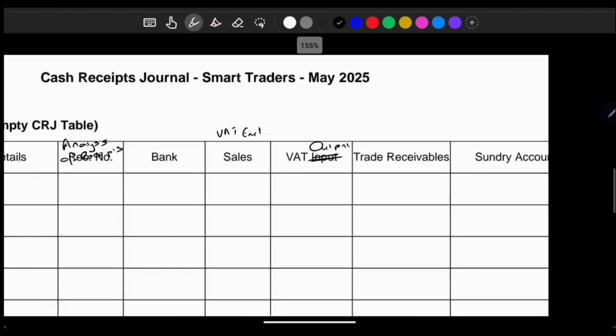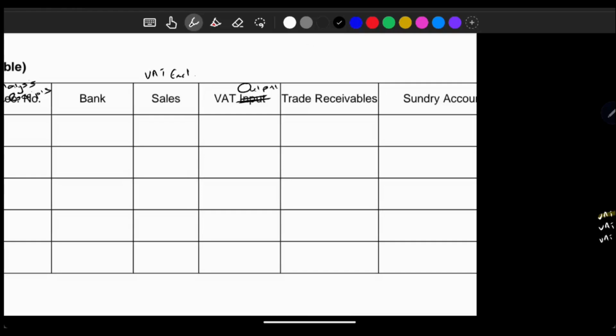Then you have your trade receivables and your sundry account. There's also a mistake here, so this part will be for amount, and the one outside will be for the description. A bit messy, but as long as you understand what we're doing, that's the whole point.